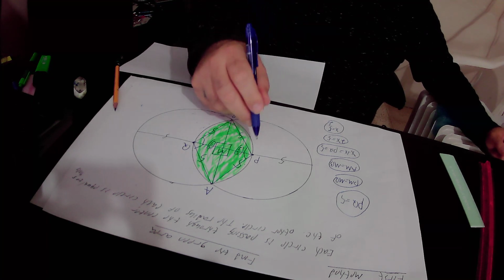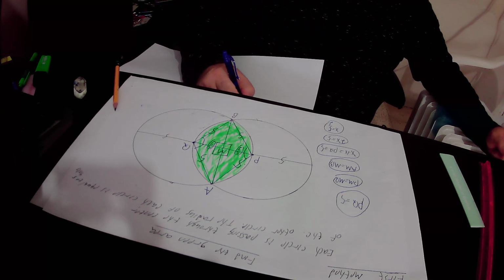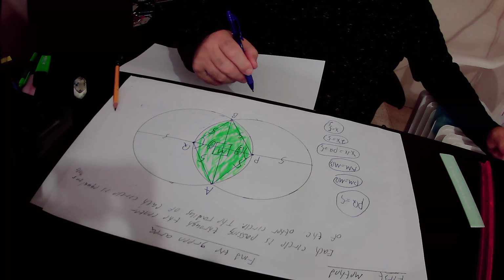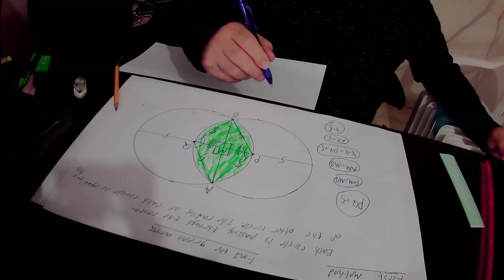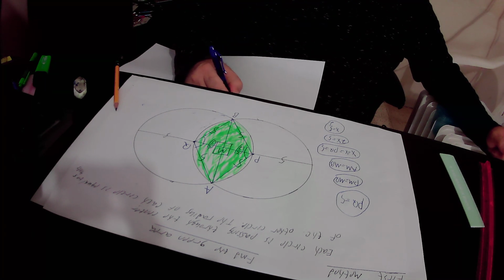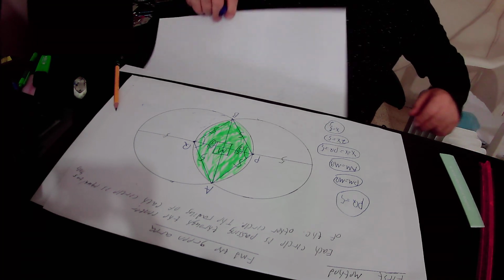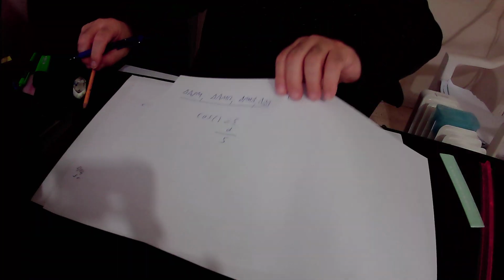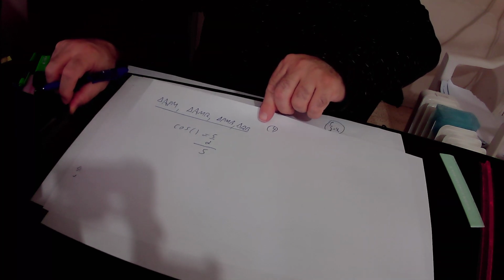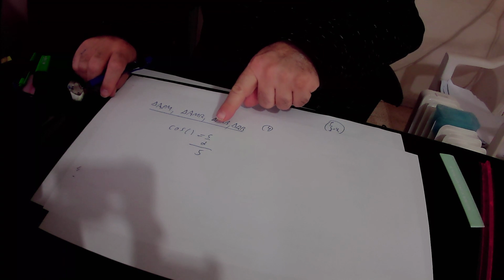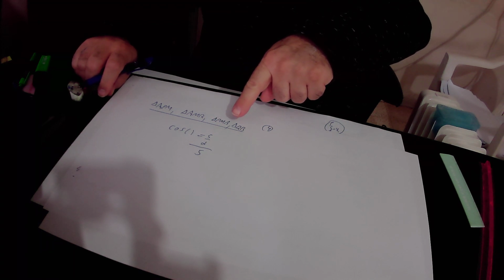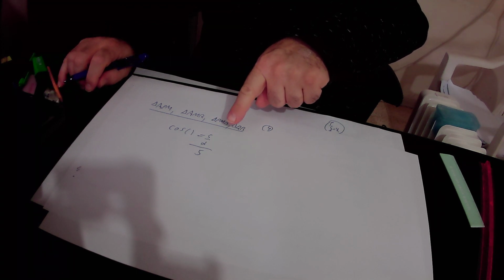The cosine of those four angles will be equal to 5 over 2 over 5. I will repeat again. The cosine of the four angles that I marked in those four triangles will be equal to 5 over 2 over 5.